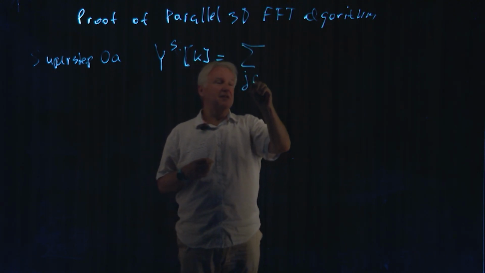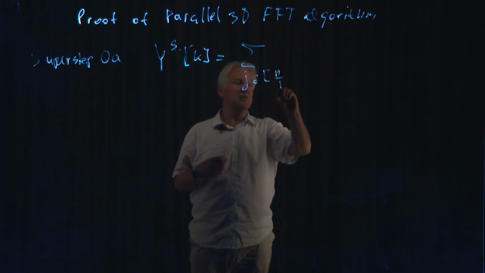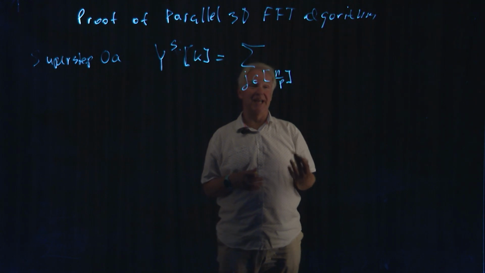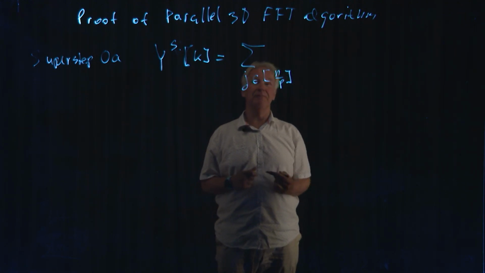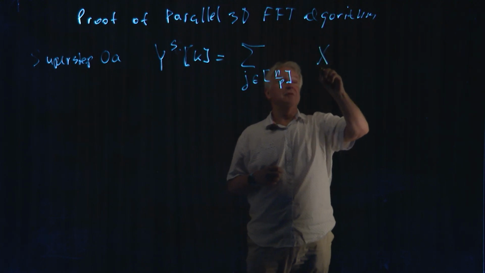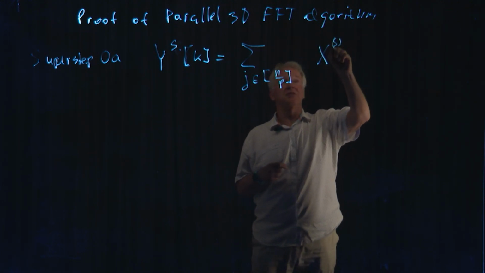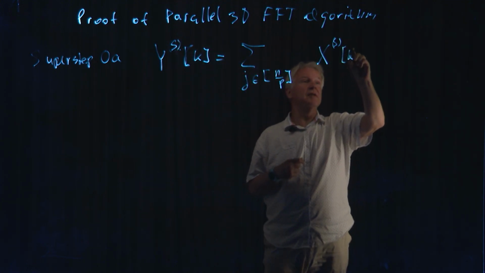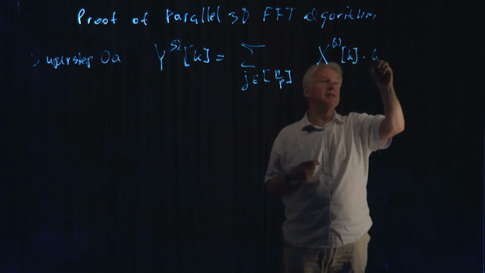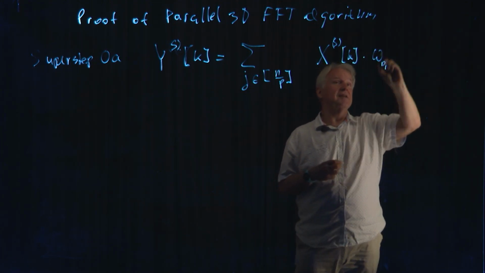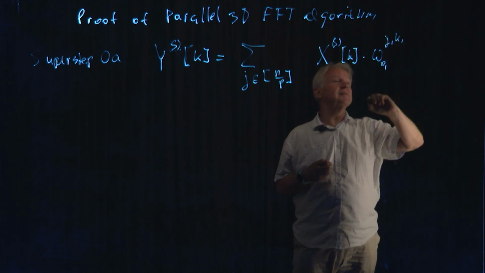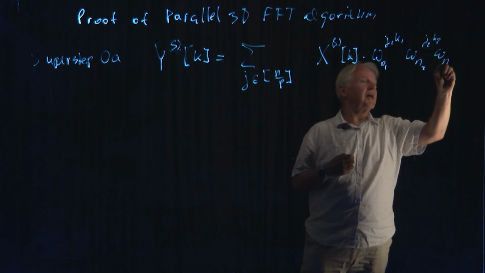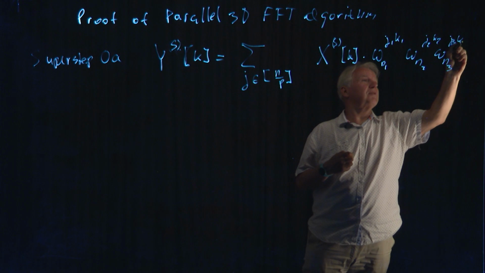So we take, with a short notation, j in n over p, meaning j1 and n1 over p1, j2, etc. We have the input, the x_s, the local part of the array, k, times, by the definition, omega n1 to the power j1 k1 times omega n2 j2 k2, and then omega n3 j3 k3.